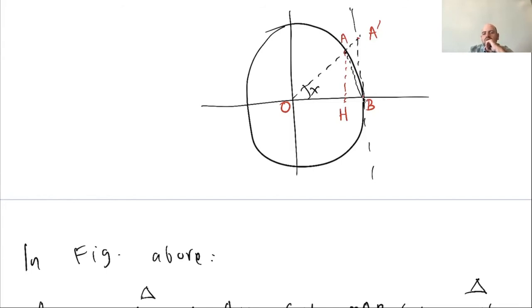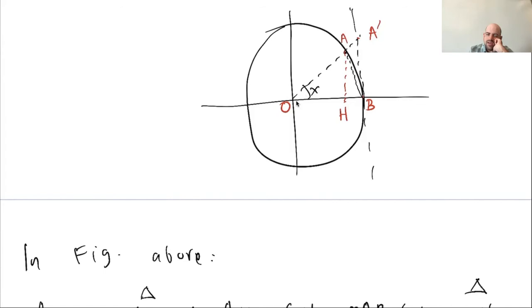So the triangle OAB is less than sector OAB, and the sector OAB is less than the triangle OA prime B, which definitely includes both the other triangle and also the other sector. So the area of this is the biggest one.